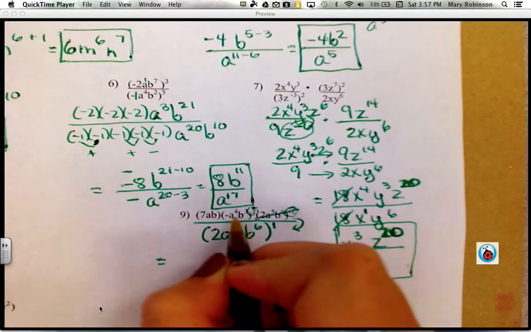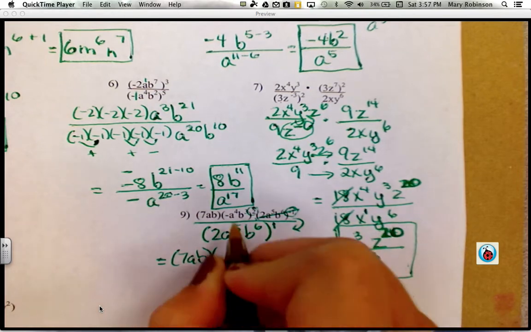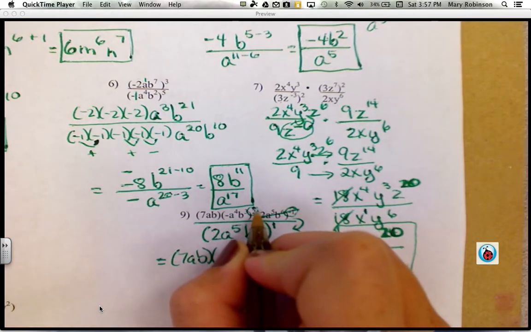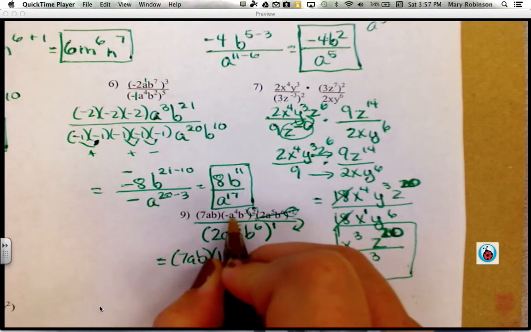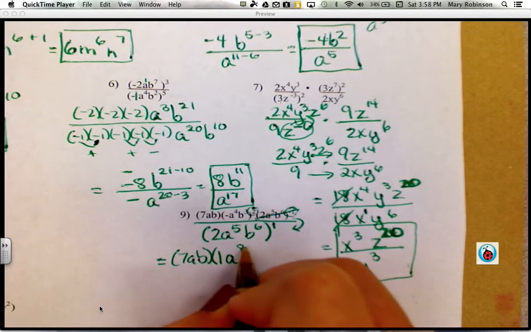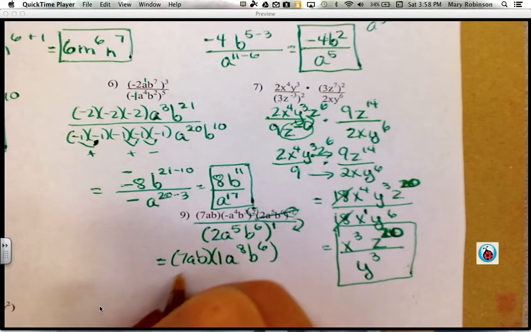Next, I'm going to evaluate this by squaring what we have up here. A negative 1 squared means negative 1 times negative 1, which is a positive 1. A to the 4th squared is a to the 8th. B cubed squared is b to the 6th.